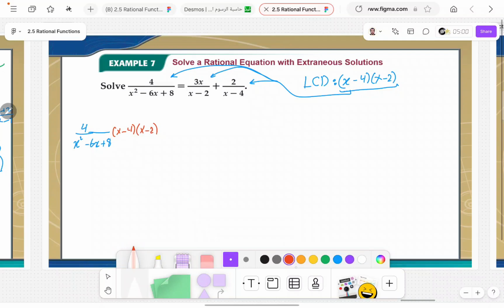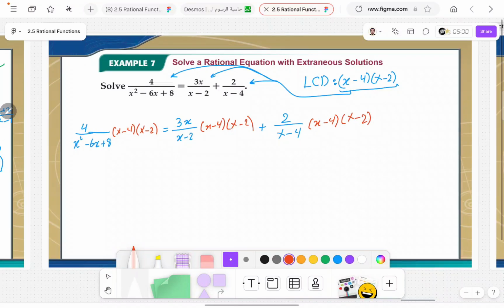Then equals 3x over x minus 2 multiplied with x minus 4 and x minus 2. Then plus 2 over x minus 4 multiplied with x minus 4 and x minus 2.